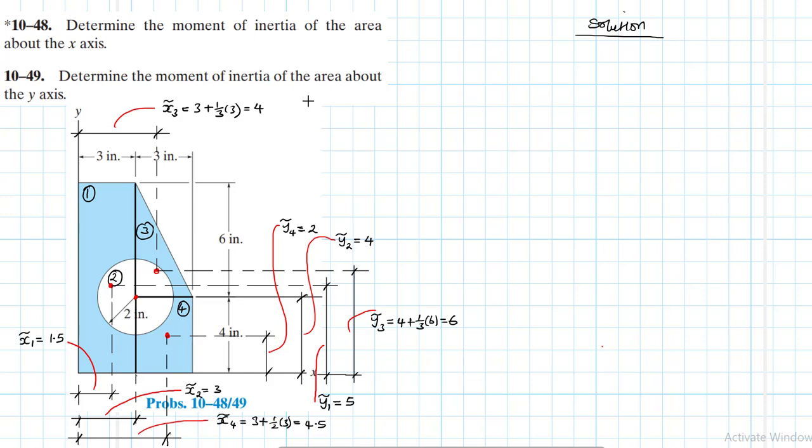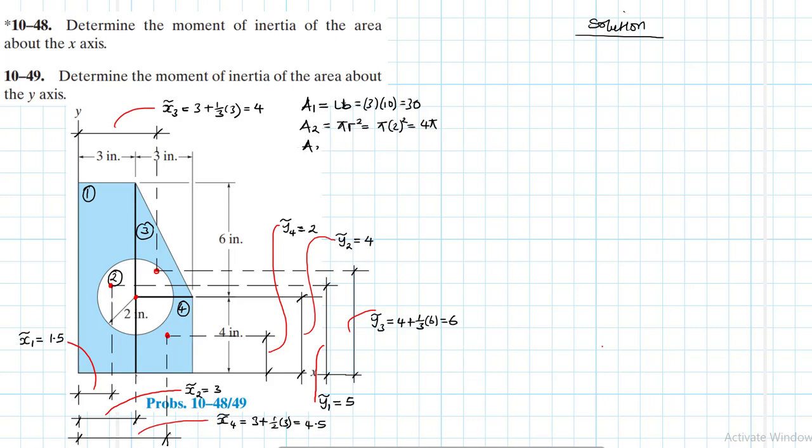Let's find the area. So area 1 is equal to L times B, just LB. This is equal to 3 times 10, which is equal to 30. Then area 2 is a circle, pi r squared, which is just equal to pi 2 to the power 2, which is just 4 pi.